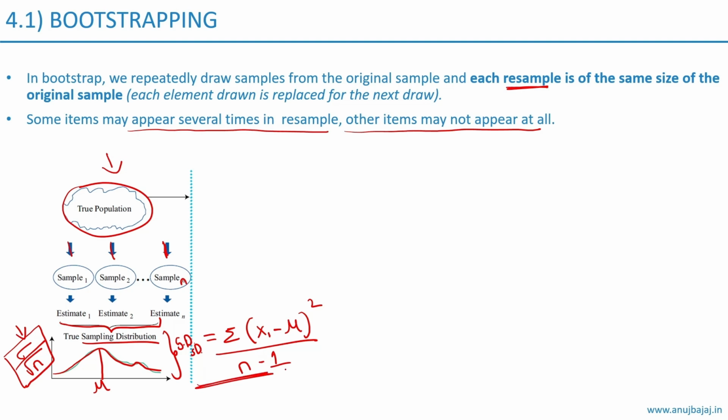So this is the actual standard deviation of the sampling distribution. But because we don't have the data of all the samples, we took an approximation of the standard deviation, which is represented by this formula. So bootstrap helps us in finding out the original standard deviation of this sampling distribution. That is, the bootstrap helps us in finding out the actual standard error of the sample mean rather than using this estimate of the standard error of the sample mean.